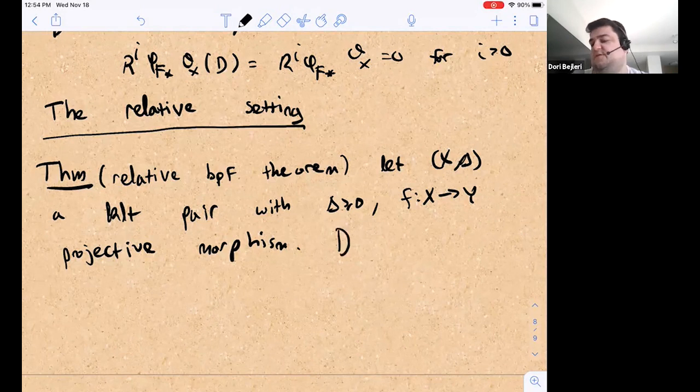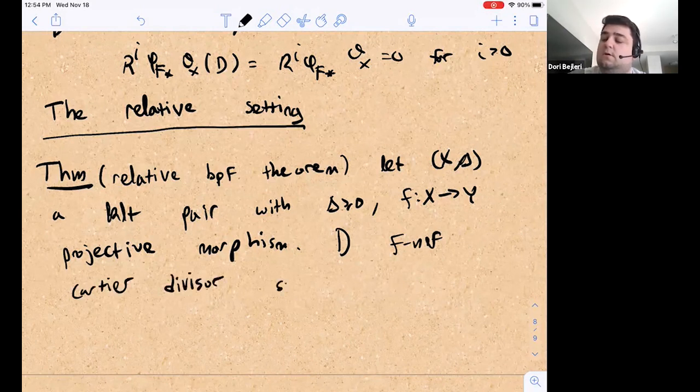Well, in the base point free theorem, we have this nef divisor. So in the relative case, we should have an f-nef divisor. So let's say D is an f-nef Cartier divisor such that aD minus (K_X plus Delta), in the usual statement, this should be big and nef.